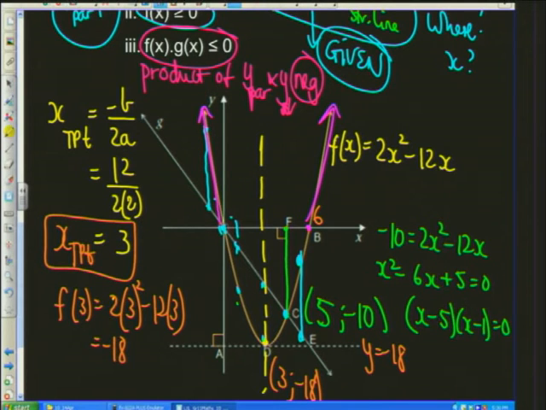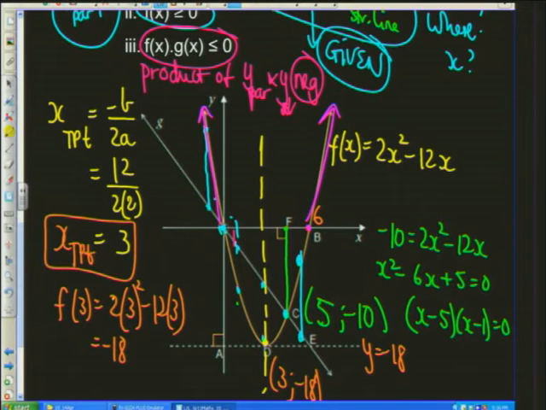The moment I move to the right of 0, at these values over here, I've got a negative and a negative. So if I multiply those two negatives, I get a positive. What happens now if I move to the right of 6? I'm going to get a positive multiplied by a negative, which is going to give me a negative.